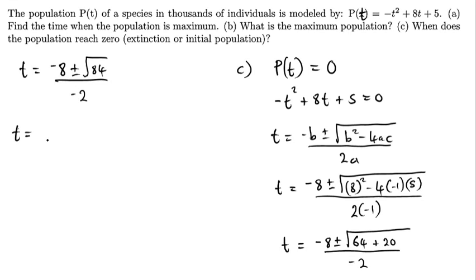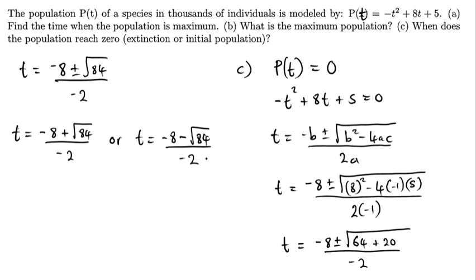So the first value of t will be negative 8 plus the square root of 84 divided by negative 2, or t will be equal to negative 8 minus the square root of 84 divided by negative 2.